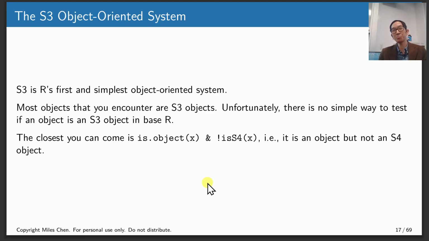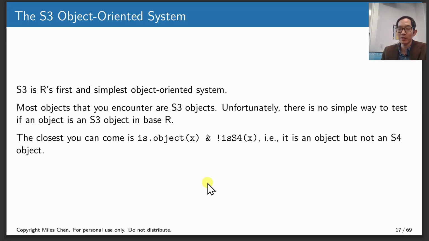Most of the objects that you encounter in R are going to be S3 objects, right? Now, unfortunately, we don't have a function to say if it's an S3 object or not. We have is.object that will return true if it's an S3 object, but is.object also returns true if it's an S4 object.